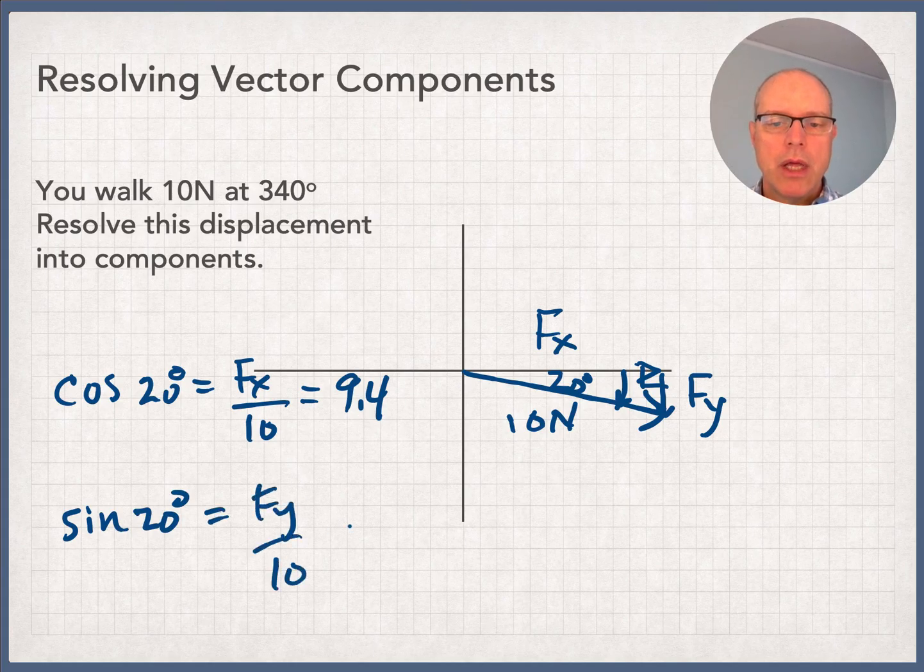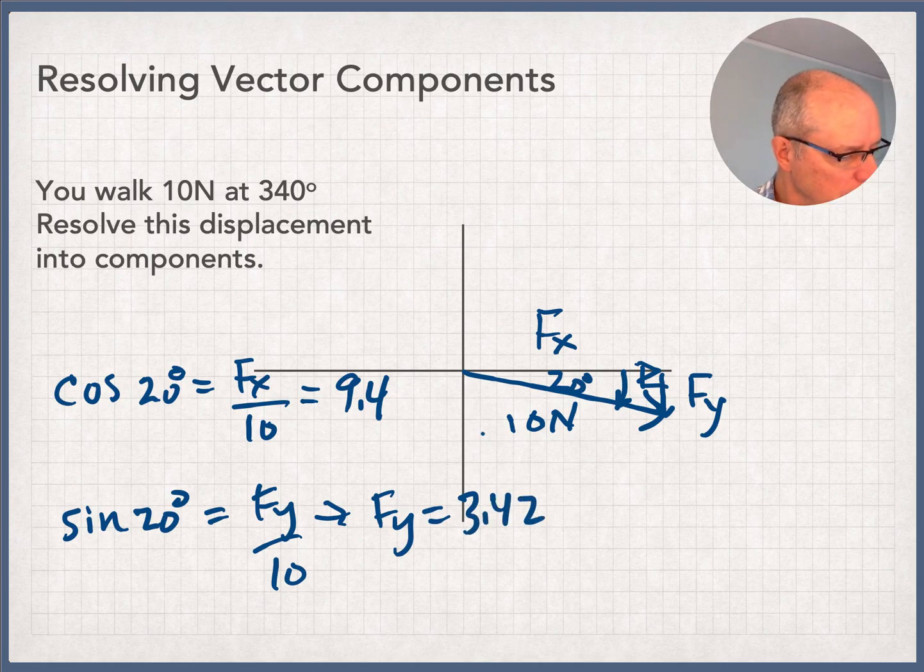I was kind of sloppy up there. What I should have done is go like this. That gives us Fy equals 3.42, I believe. Just double checking. Yeah, that's right, 3.42. And then Fx equals 9.4, but you knew that. Okay, so having done all that, resolving the vector comes out with Fx being 9.4 units east.